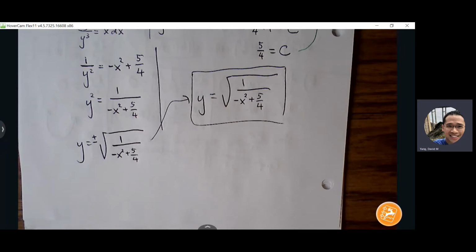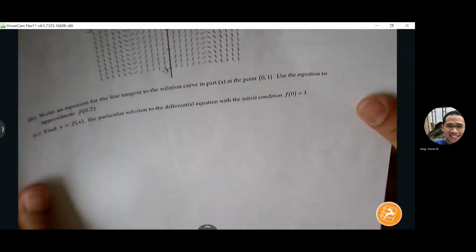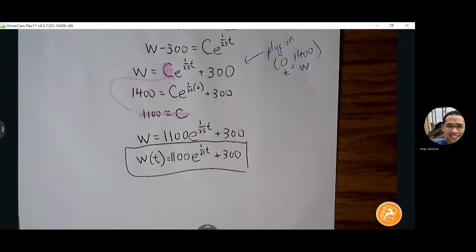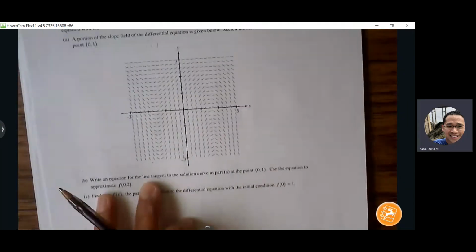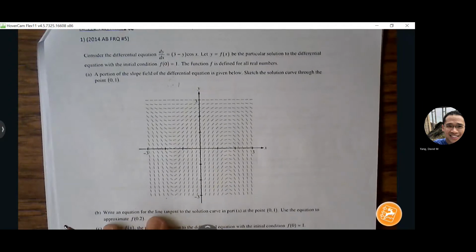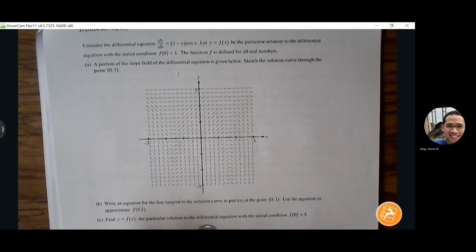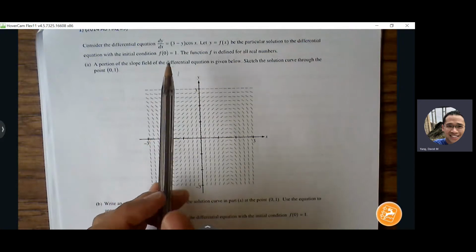Okay, I think we can start a little bit into our homework. So page 15. Okay, page 15, consider a differential equation.